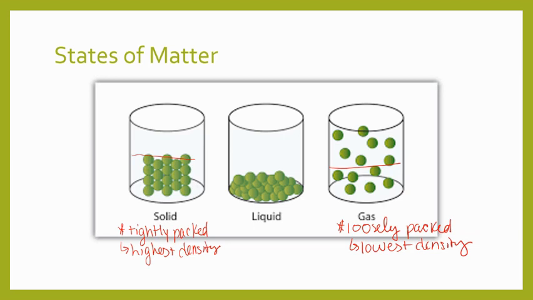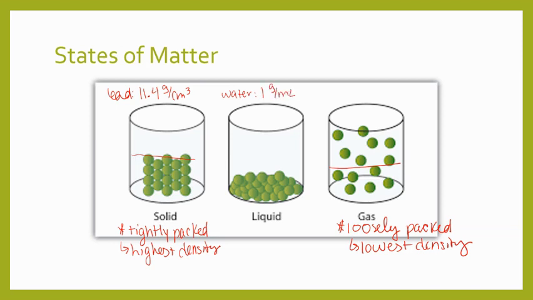If we look at some examples here, lead is going to have a density of about 11.4 grams per centimeter cubed. Whereas if we look at water, a liquid, that density is going to be lower, about 1 gram per milliliter.